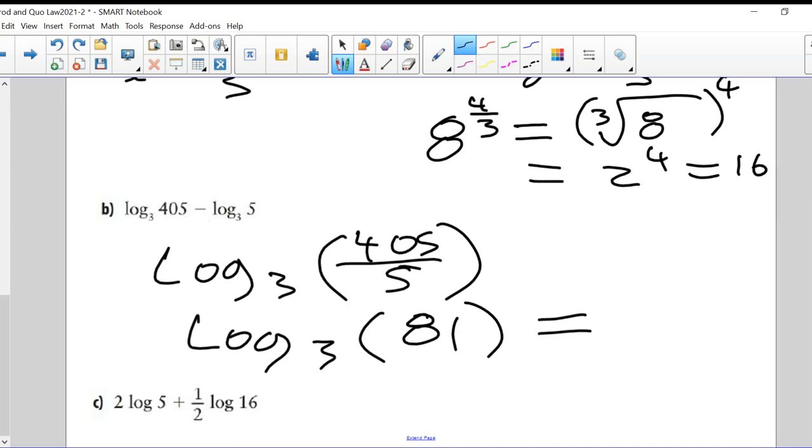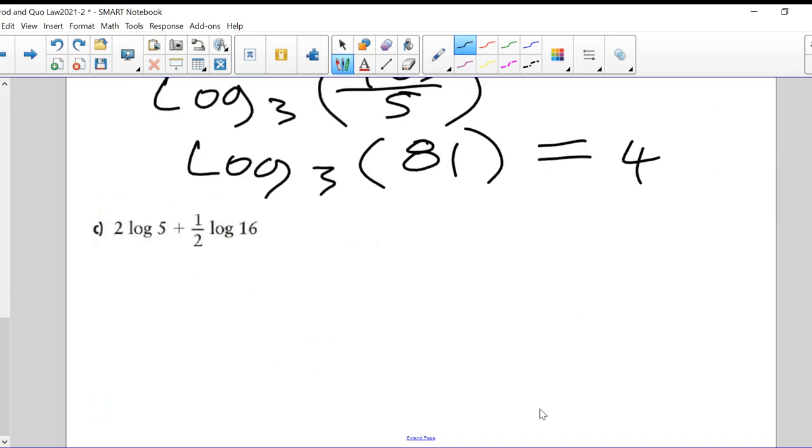All right. So what's the log base 3 of 81, folks? All right. That's equal to 4. Thank you, Joel. And we have time for this last one, so we'll just polish this off before the break. All right, so 2 log 5 plus a half log 16. Whoa, okay. What do I do with this? Well, here's what we're going to do with it. That 2 log 5, right?